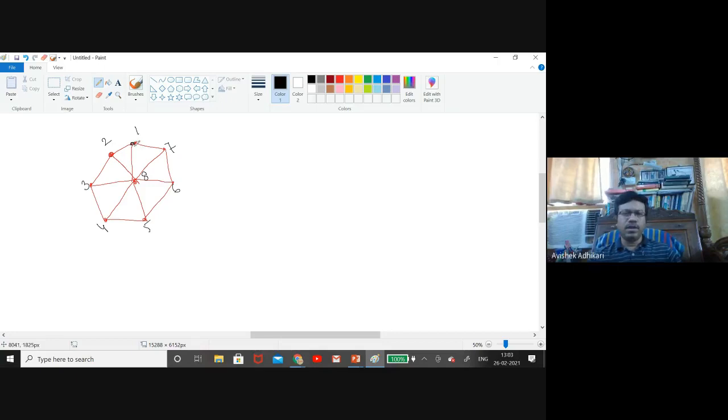Suppose this is my graph. So if I consider this vertex and this vertex, do you have any edge between these two? If I have S equal to 1 and 3, do you have any edge between 1 and 3?